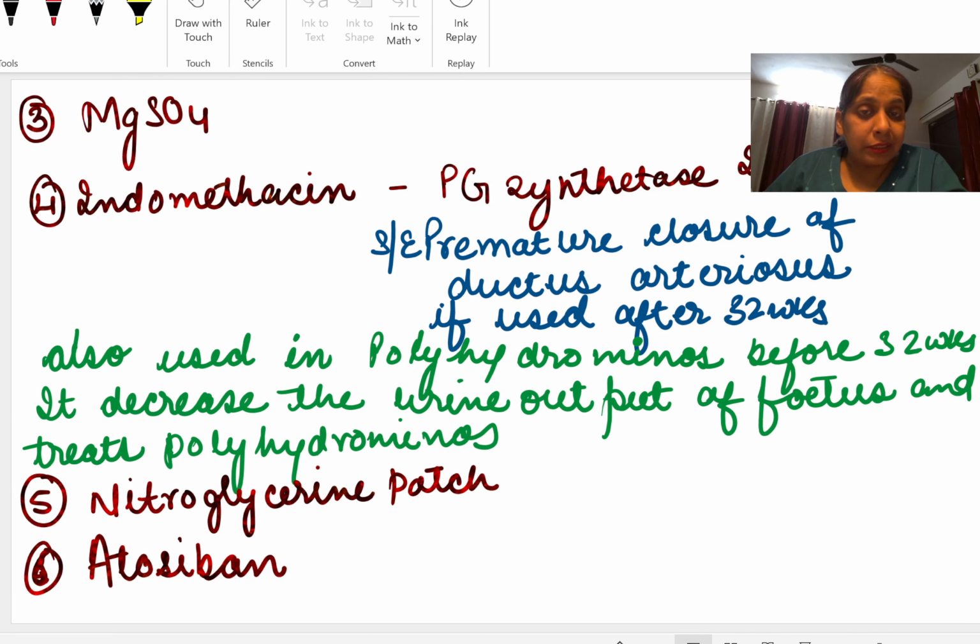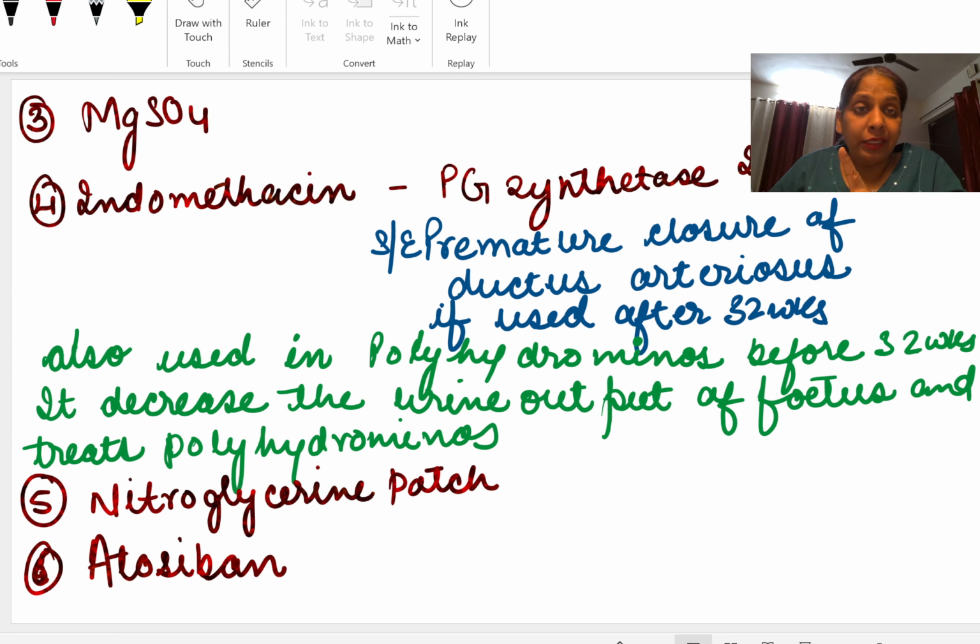And this indomethacin is also used in polyhydramnios patients before 32 weeks because it decreases the urine output of the fetus and treats polyhydramnios. Because amniotic fluid is nothing but fetal urine. So if the fetal urine gets reduced, then polyhydramnios will get treated.